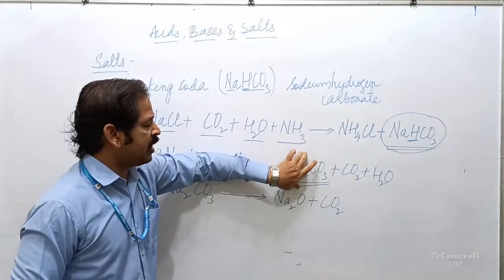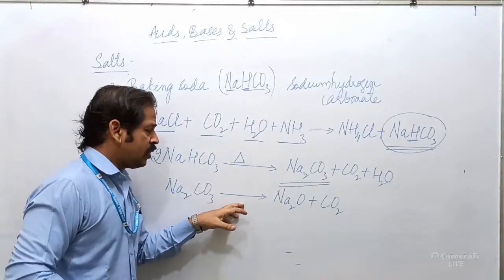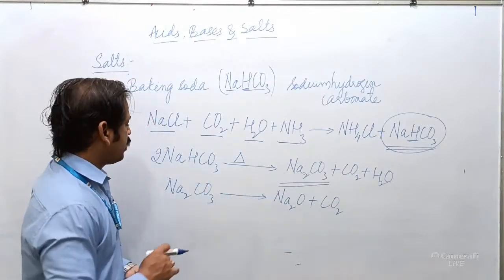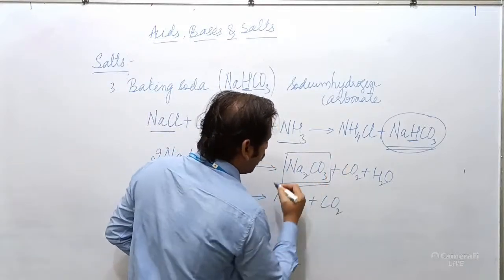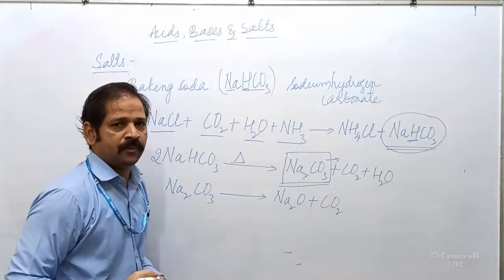And this sodium carbonate, when you go for the decomposition reaction, you get sodium oxide and carbon dioxide. Yes, because sodium carbonate links with the next part, that is washing soda.